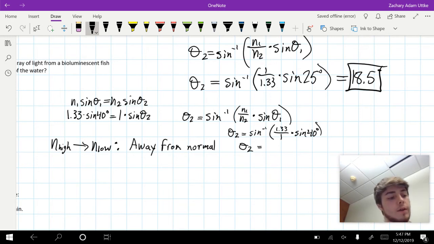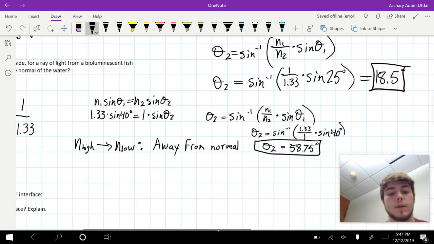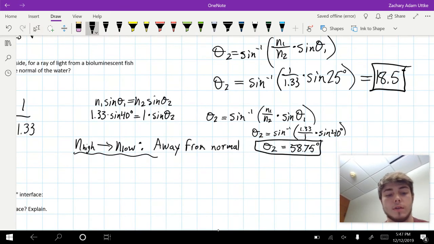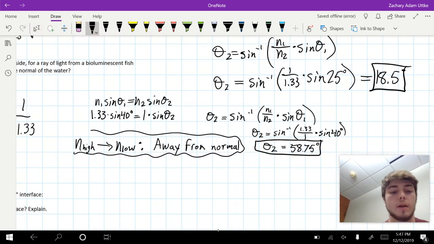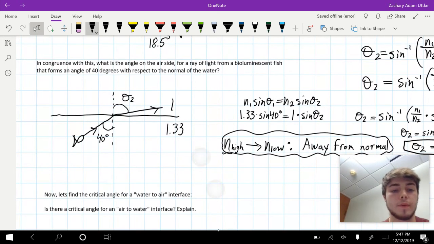So we get 58.75 degrees. Okay, so in that case, it does make sense. It lines up with the rule that the refracted ray bends away from the normal.